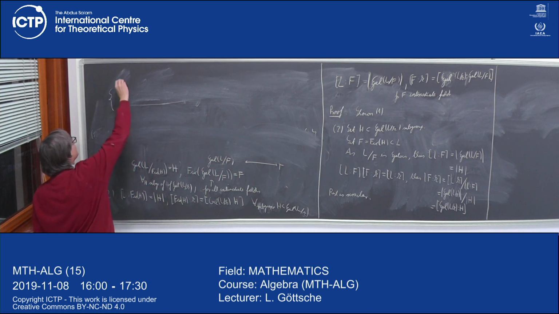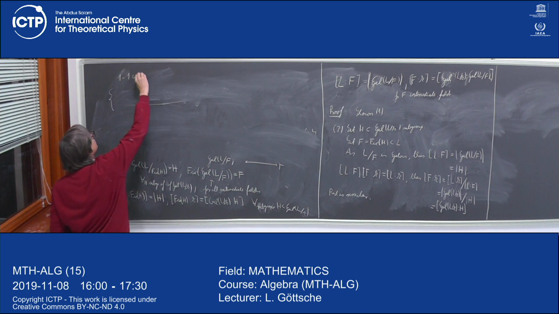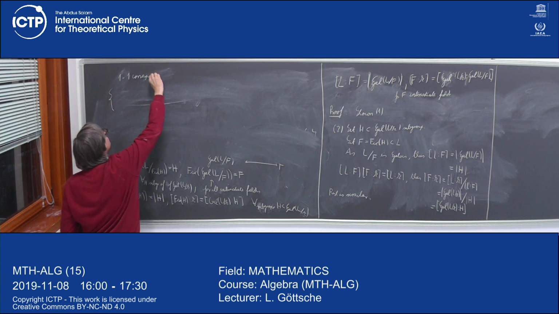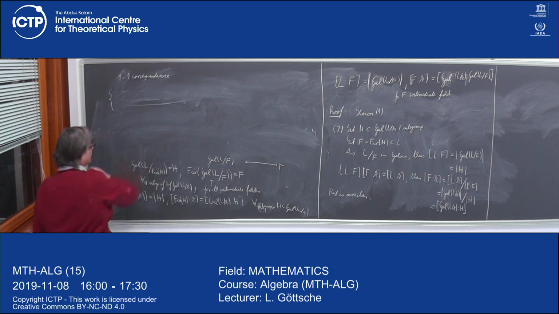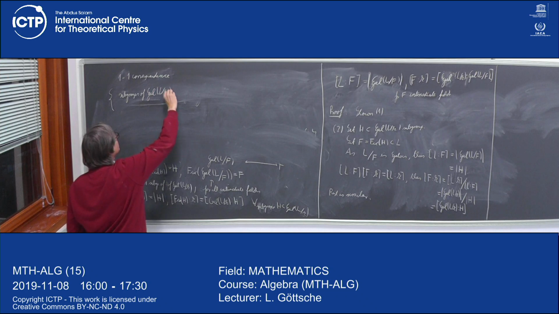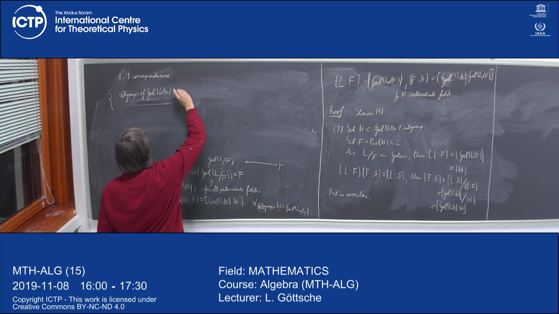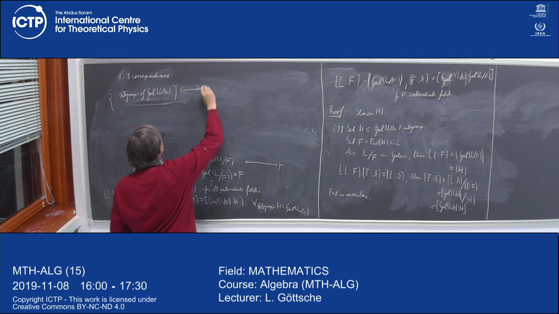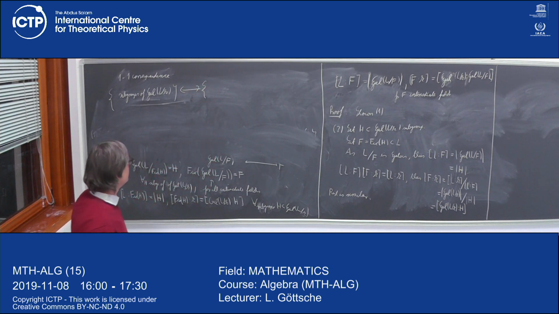So we have this one-to-one correspondence between the subgroups of the Galois group of L over K and the intermediate fields.